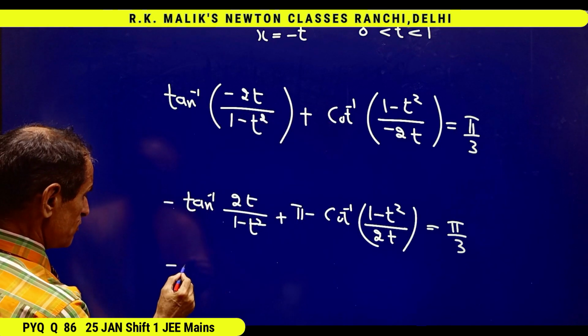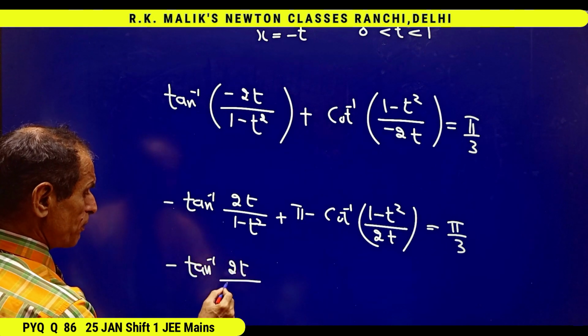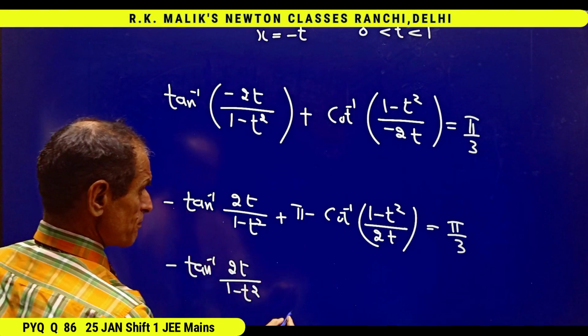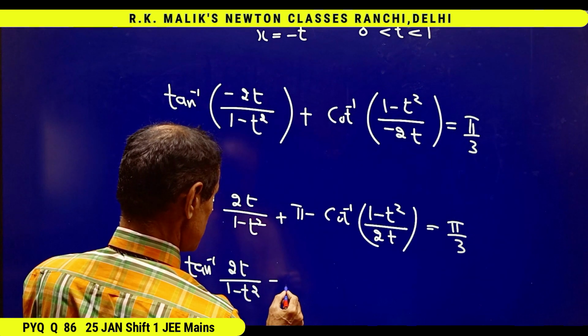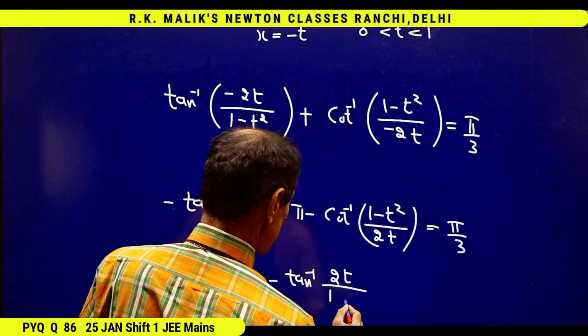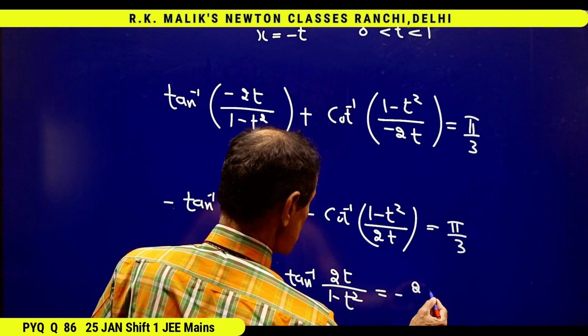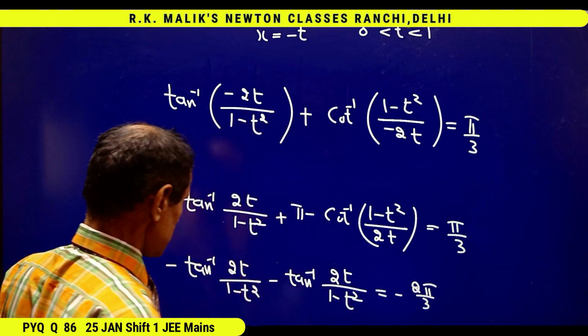That is, I get minus tan inverse 2t upon 1 minus t square minus tan inverse 2t upon 1 minus t square equal to minus 2 pi by 3.